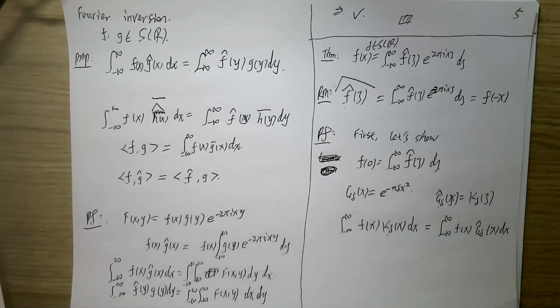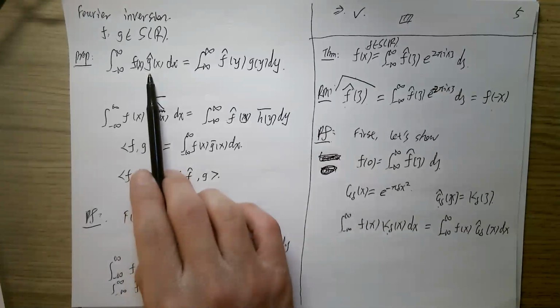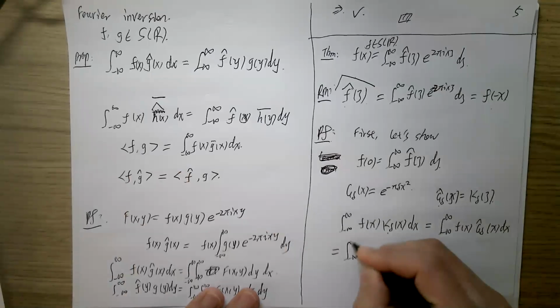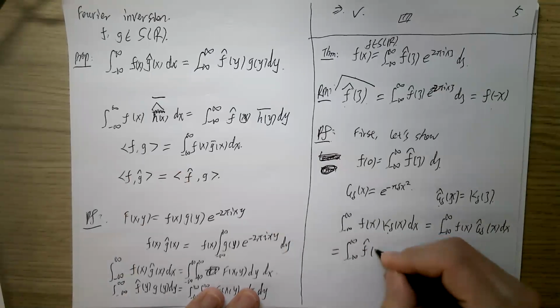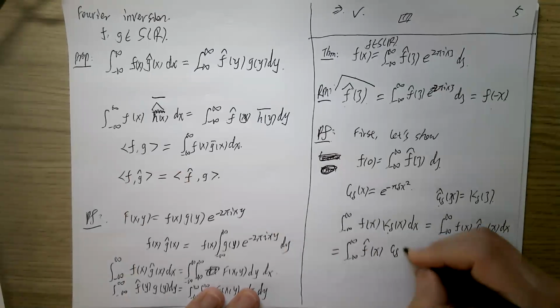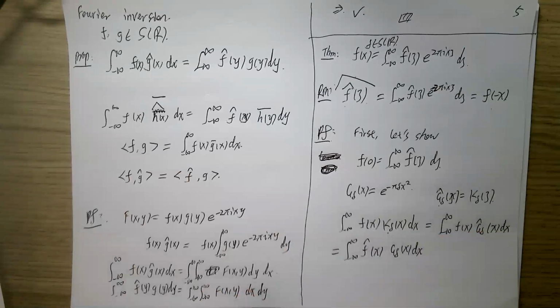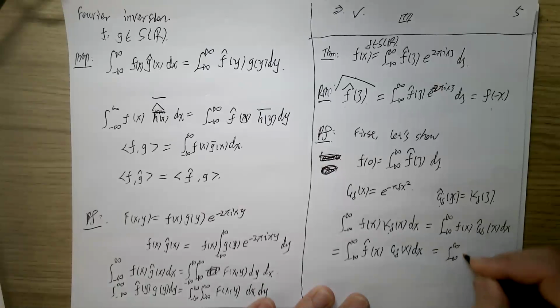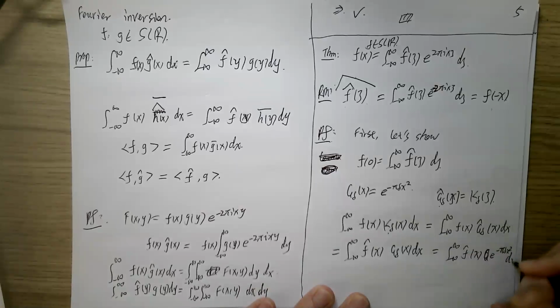Right? And by this property, we can change the hat. Right? So it's f̂ times G_δ. Okay. So what's this? It's the integral of f̂(x) e to the minus pi δ x squared dx.